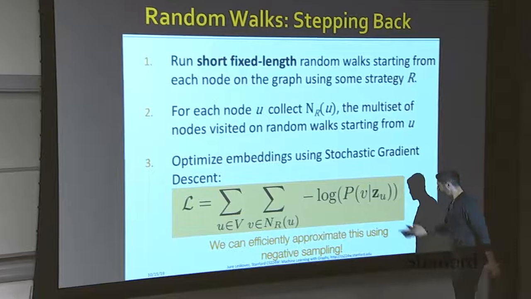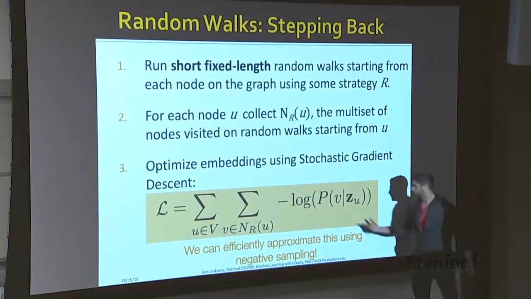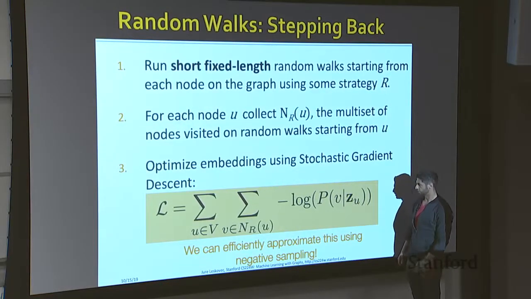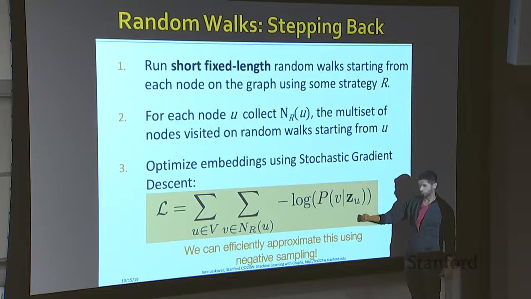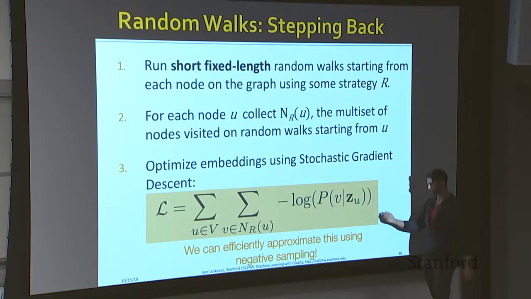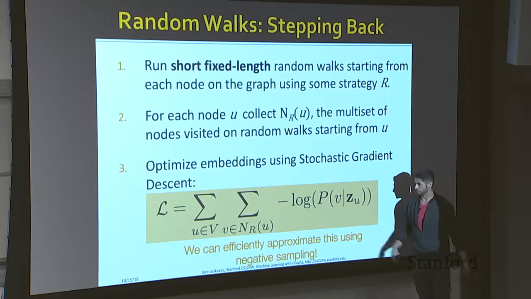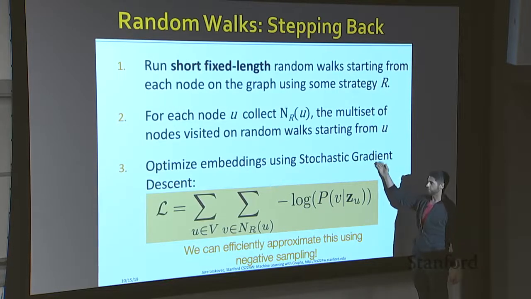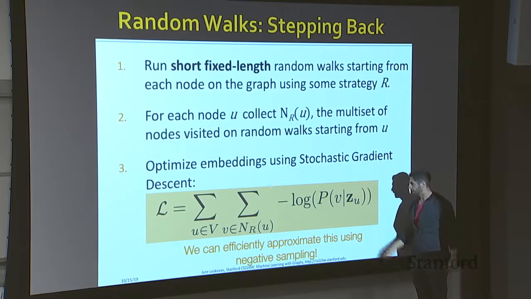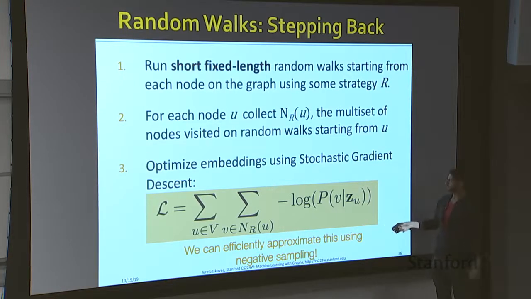As we have seen before, going from this high-level definition of the loss function, we find a way to efficiently approximate it through negative sampling. So we solved the efficiency problem, and we know SGD can be made extremely efficient as well. Finding the minimum for this loss is relatively easy, apart from usually getting stuck in local minima, which is one of the standard problems of SGD, but we have good techniques to avoid that.